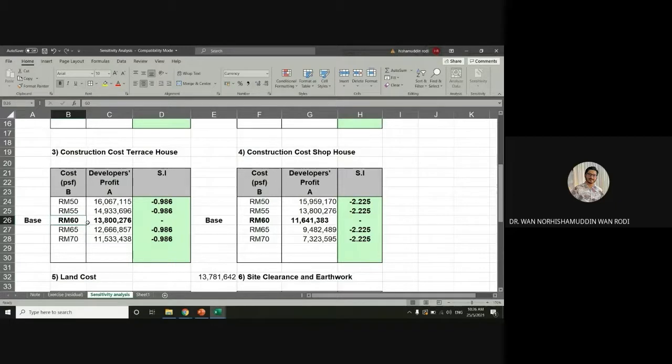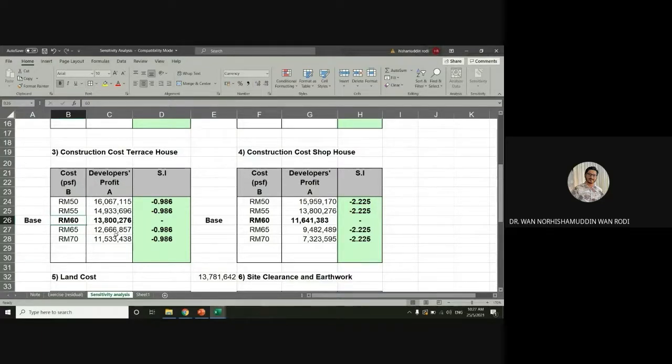So I have done the calculation. In this example, I reduce the price to 55, $5 differences, and then the profit is increasing. So this shows that the relationship between cost and profit is negative.